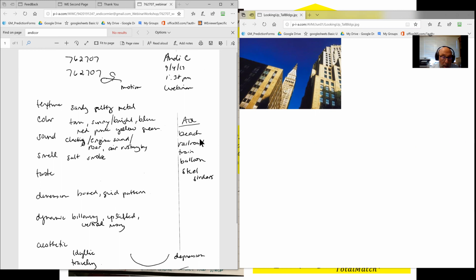I ignore AOLs unless they're right, and then I give them good credit. But I don't count them in the total. AOLs, the fact that you recognize it as such sets it apart, unless it's right. Sandy, gritty, metal. I guess there's some metal there. Tan for sure. Sunny, yeah, bright blue, lots of blue. I don't think I would call that red, yellow, green. I don't see any of that. Salt, smoke, smell.